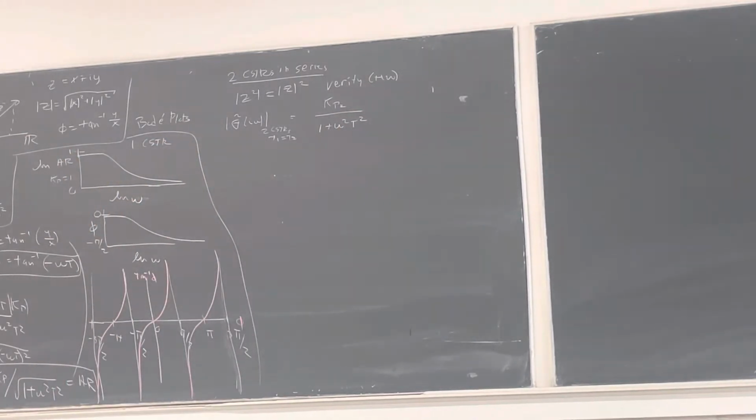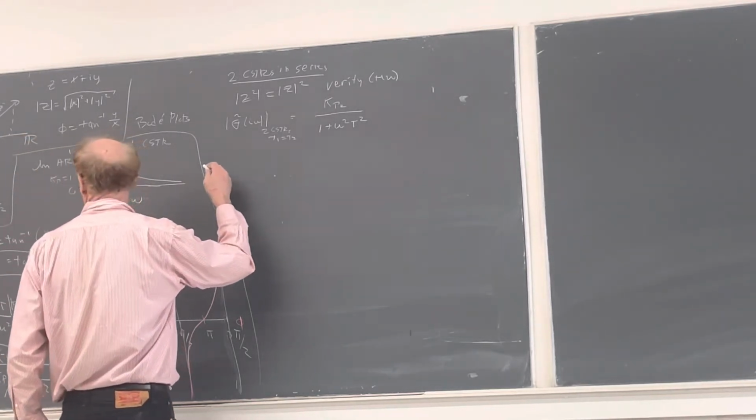Another way of seeing that is I would have Kp over 1 plus i omega tau, times 1 plus i omega tau in the denominator. So instead of multiplying by this once, I multiply by this twice. Actually I'm going to need to do that for the phase, so I might as well do it.